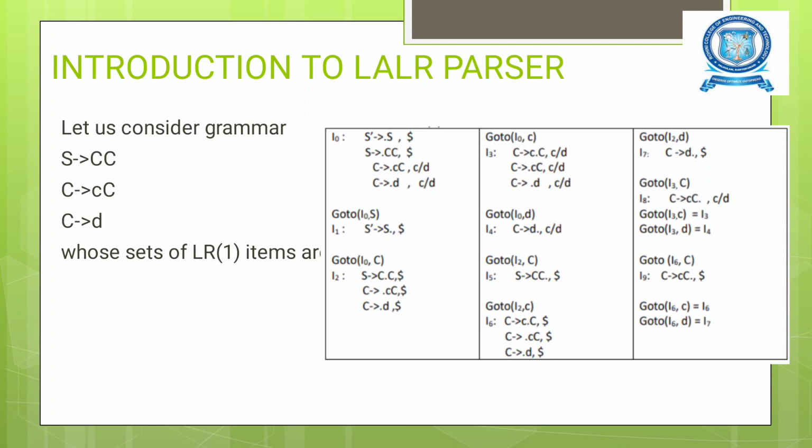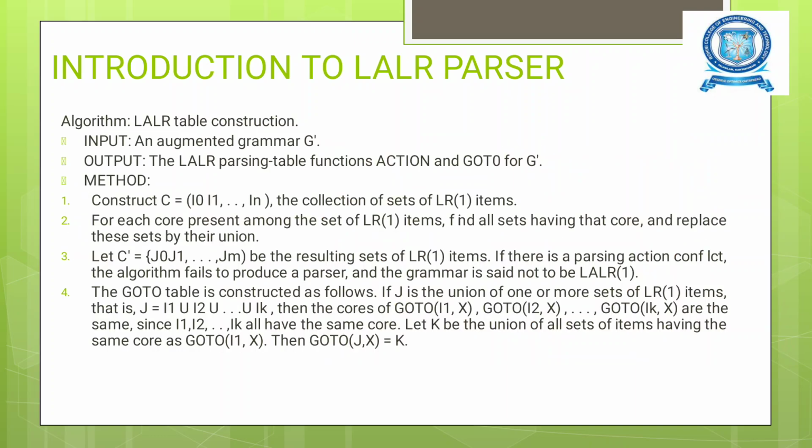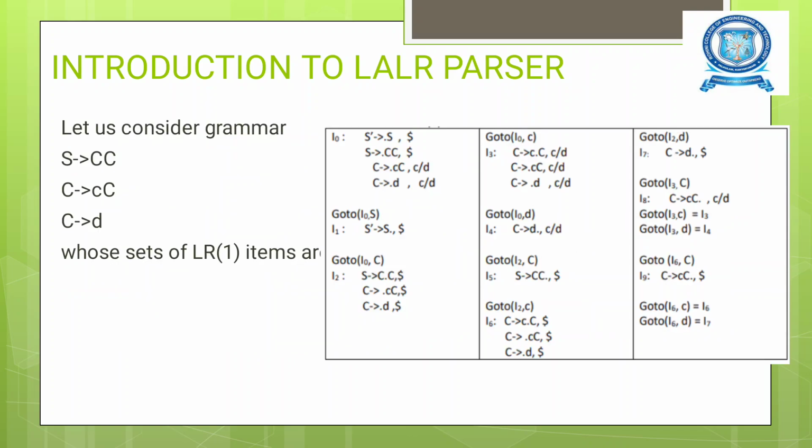Here the second component is c/d, which is added as the second component. Then goto of I2 on capital C: in the I2 items, the dot is placed before the capital C, so it is moved forward. Now the item is in the ending state, that is, S implies CC. with dollar.